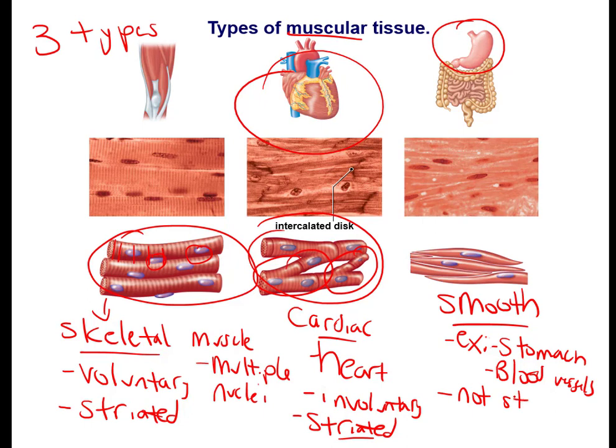It's smooth. And just like cardiac, you don't have any control over your smooth muscle. It's involuntary. You can't tell your stomach to digest food faster. It's all automatic. You don't have control over it. So that is the muscle tissue.